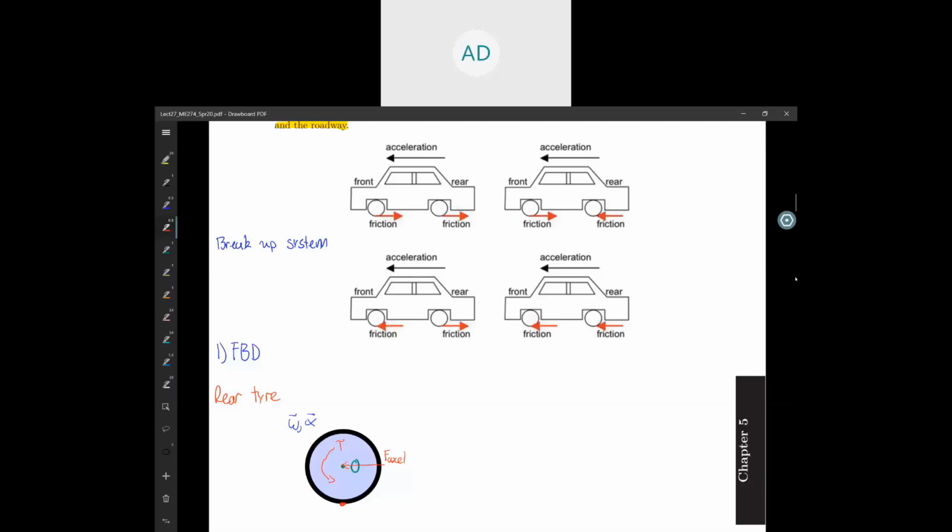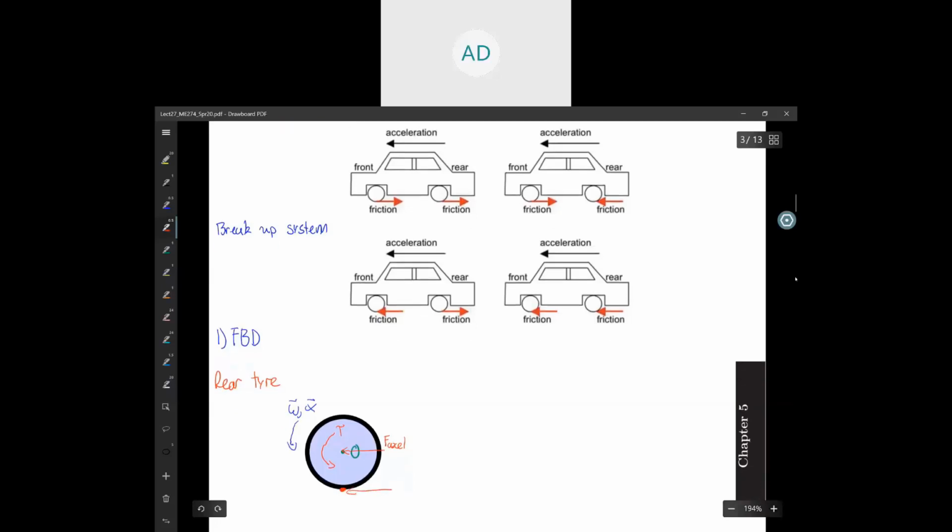Considering that the wheel is rotating by an imposed external torque from the engine in the counterclockwise direction, the positive direction, then we know that the friction would be opposing that motion. And hence, we can assume that it is to the left.